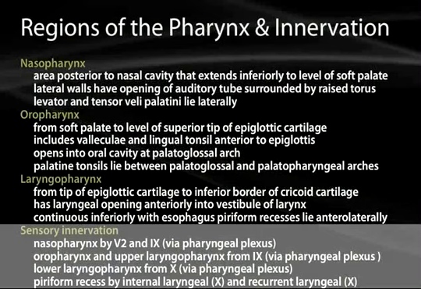But this is a place where fish bones will sometimes get trapped, and all of this piriform recess is going to be innervated by the superior laryngeal branches of the vagus nerve, and there's going to be an internal branch that will be coming through that area on its way to the larynx to supply sensation above the vocal cords.